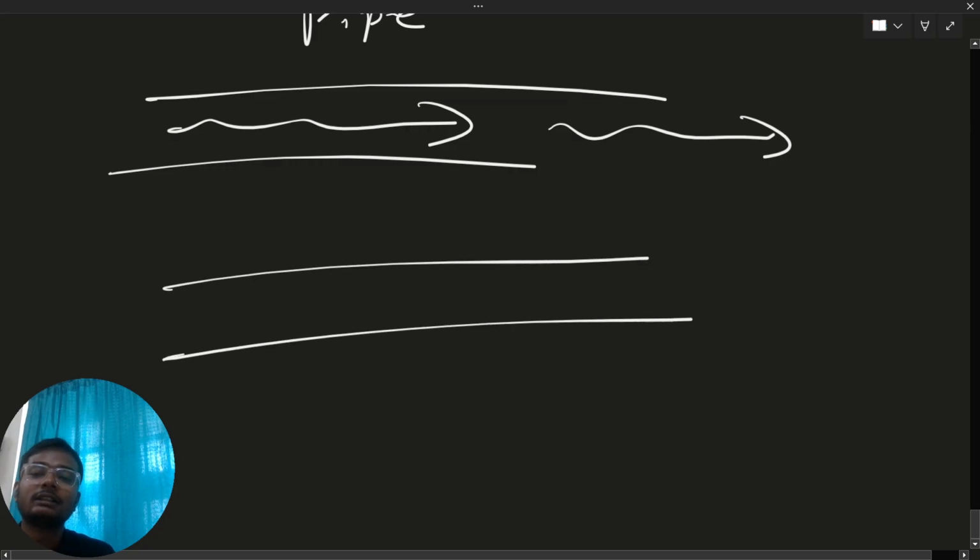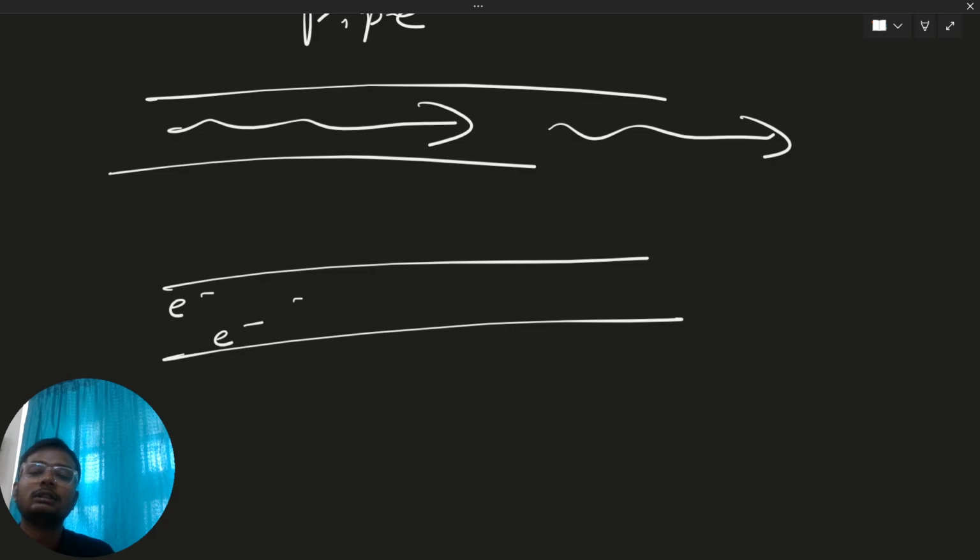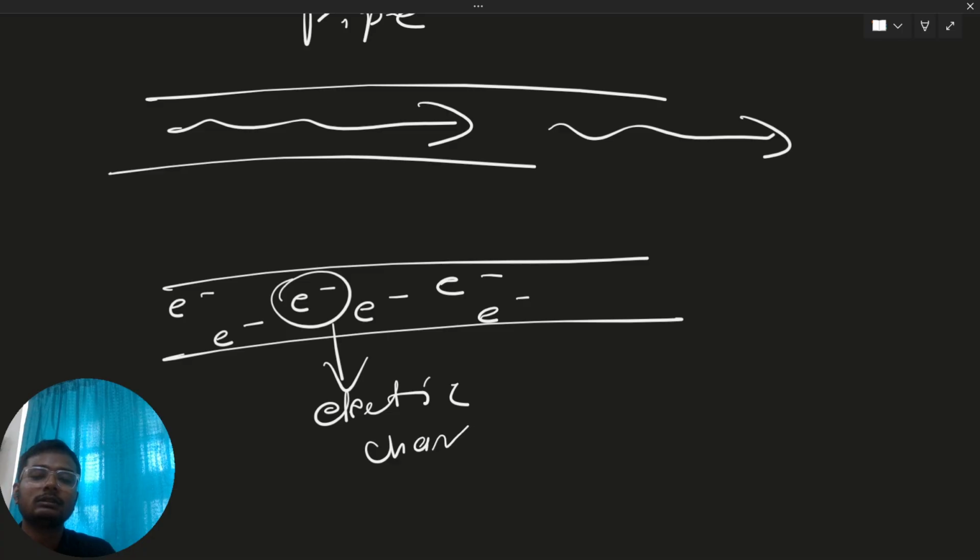Let's say there is a conductor and electrons are flowing inside it. Electrons here means the electric charge. So the electrons or charges are flowing inside the conductor in one direction.